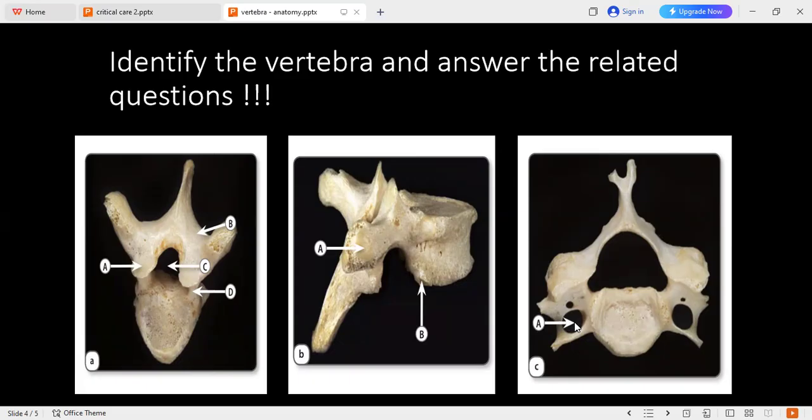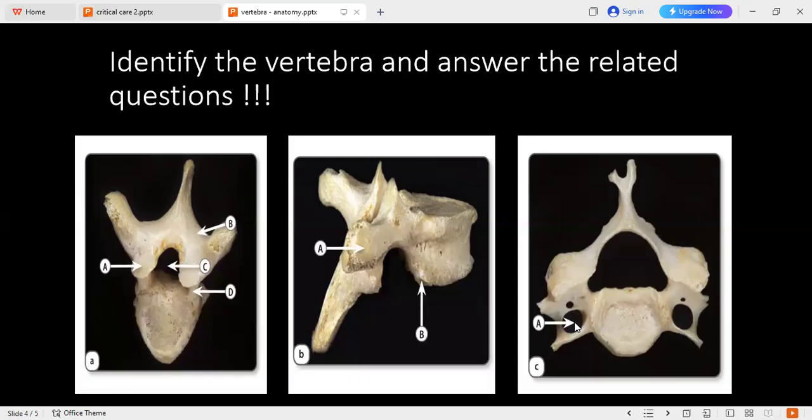If you could tell me what type of joint is the atlantoaxial joint? It is a synovial pivot joint. Very good. Please tell me what are the atypical features present in the cervical vertebrae? The axis has no body.